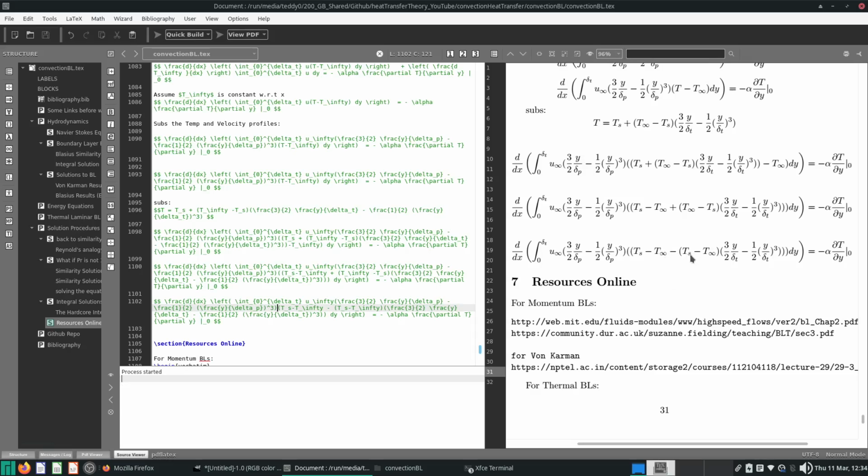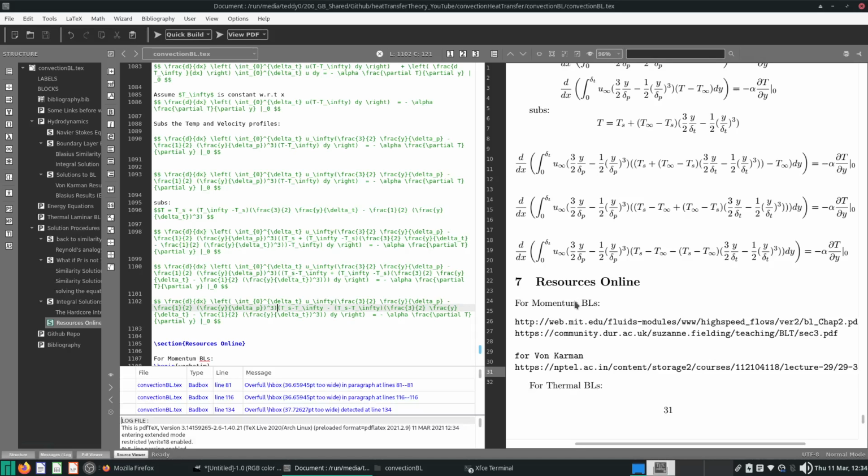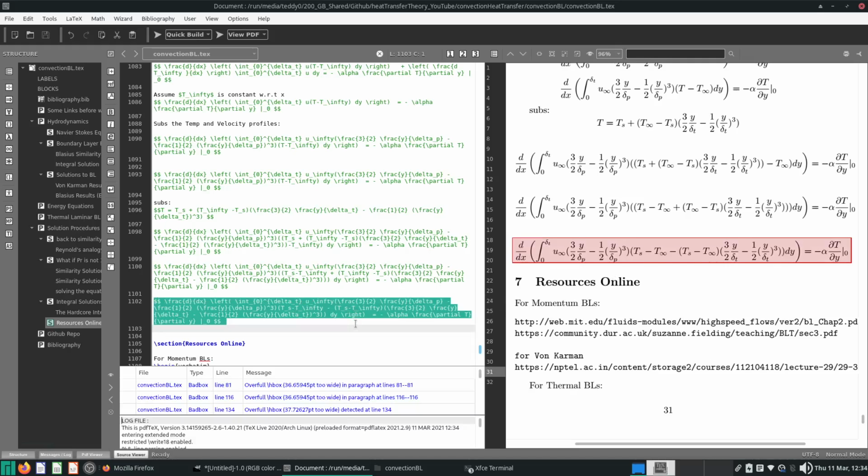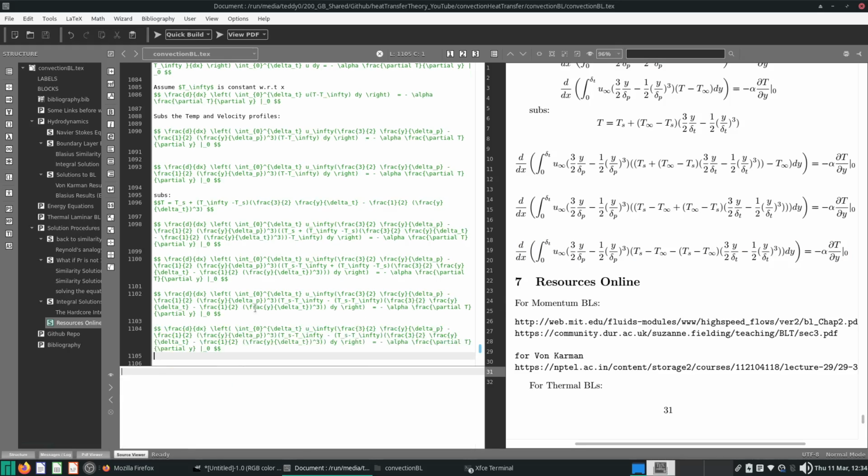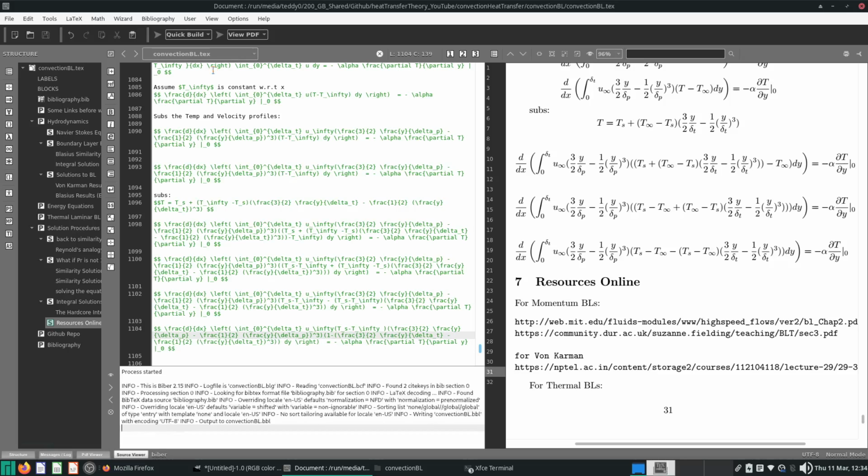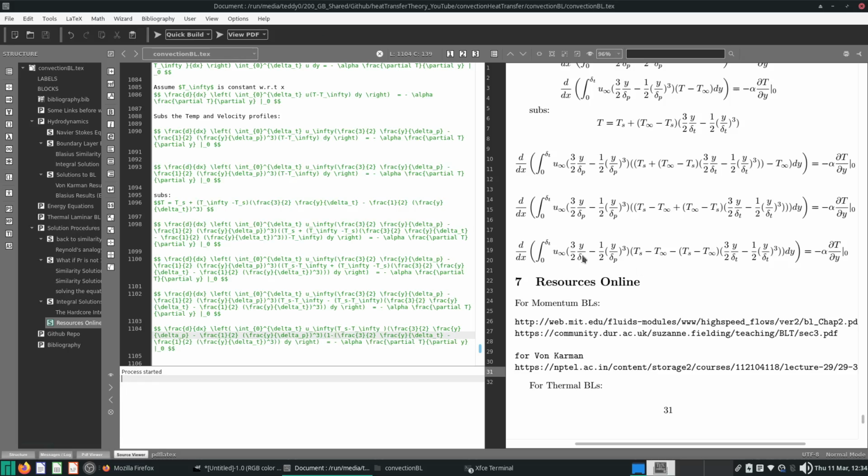You can see that we can factorize out this Ts minus T infinity outside. So we factorize that out, and let's bring this to the front. Okay, not too bad.